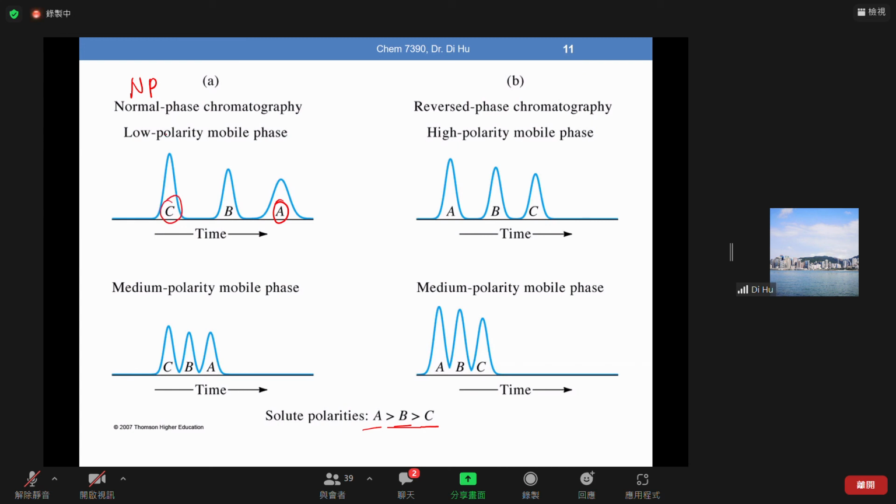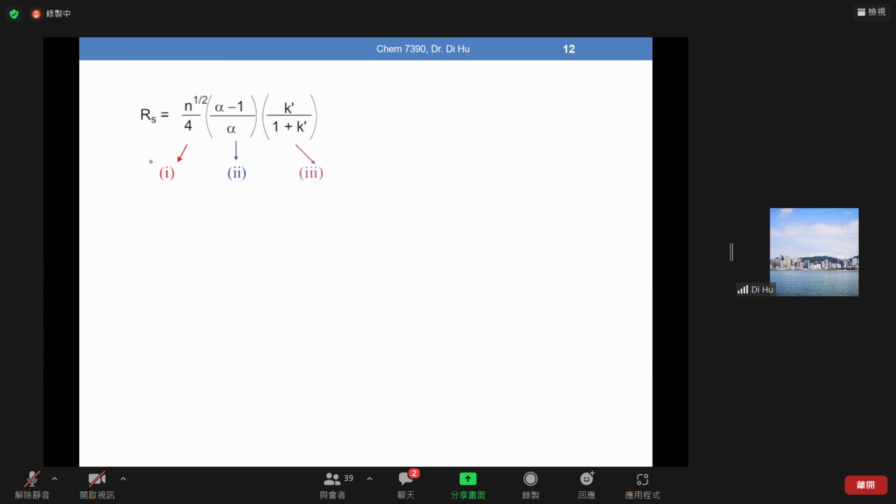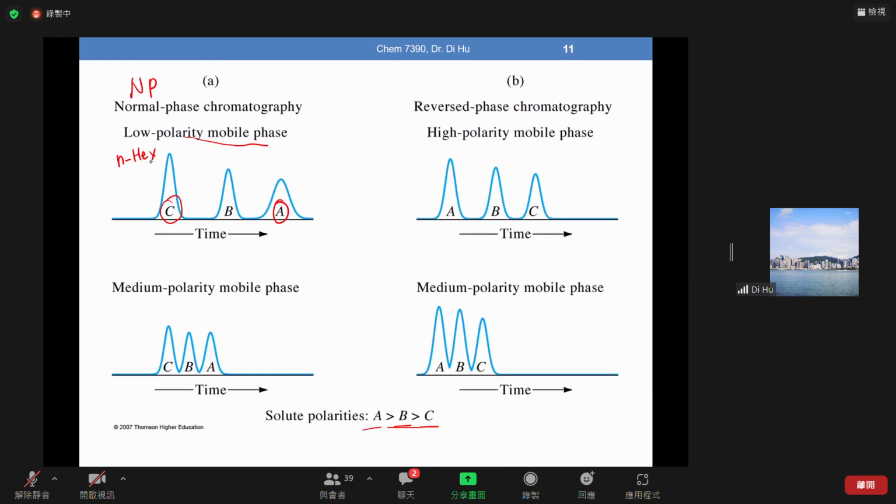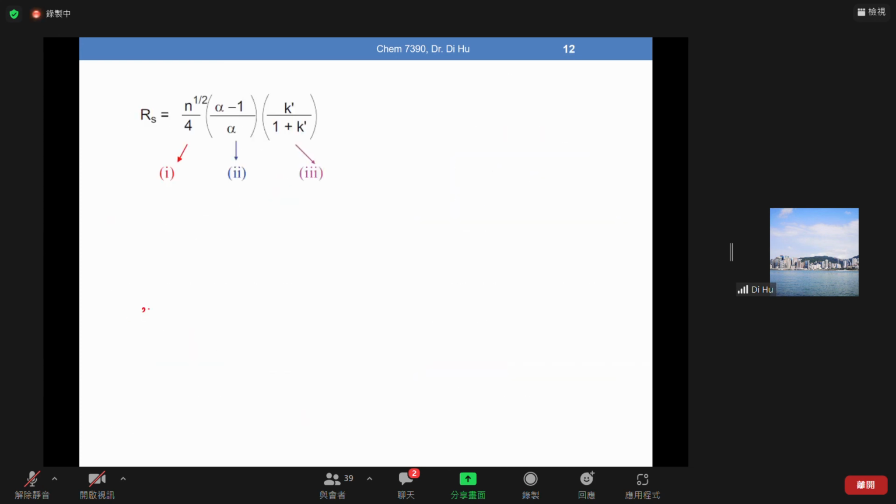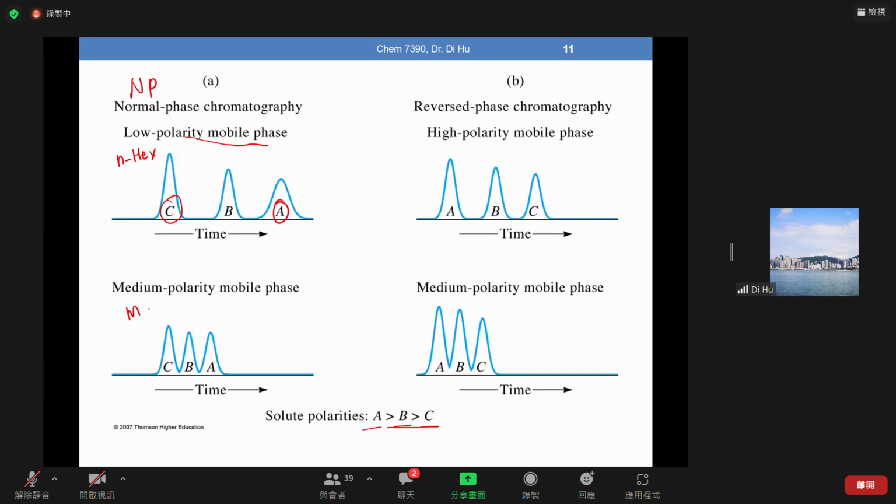But when we change the mobile phase from low polarity, for example from hexane to methylene chloride, the polarity index increases and the mobile phase becomes more polar.